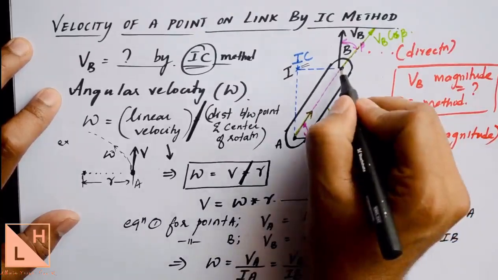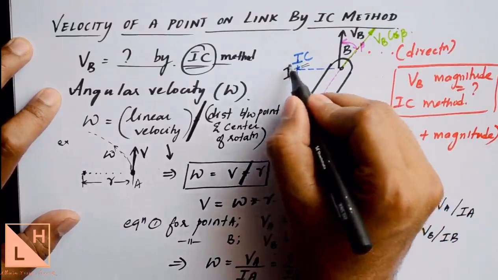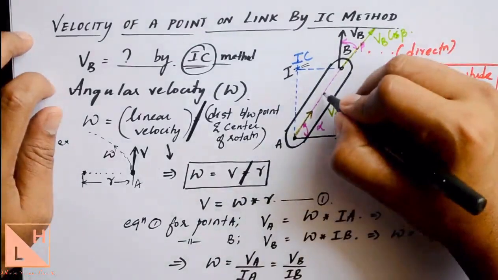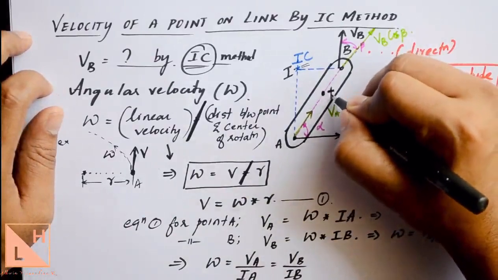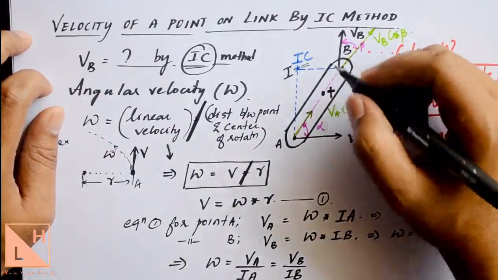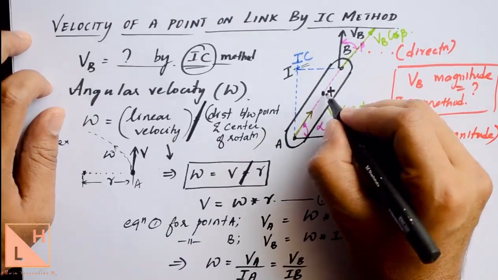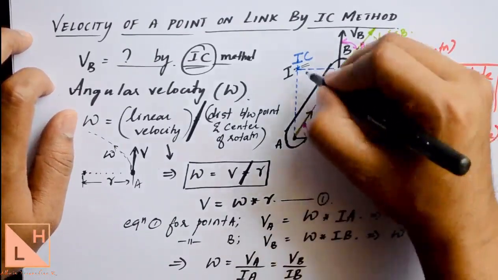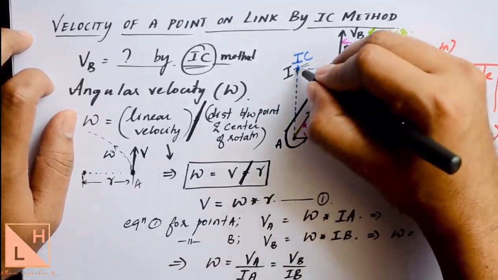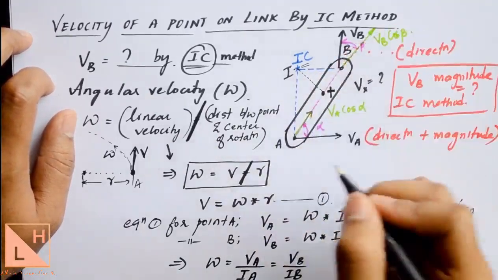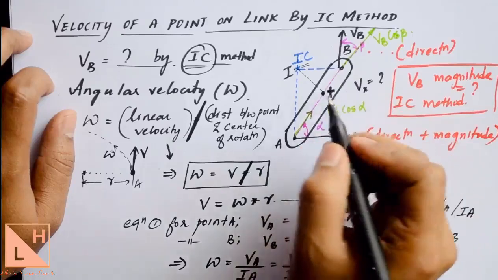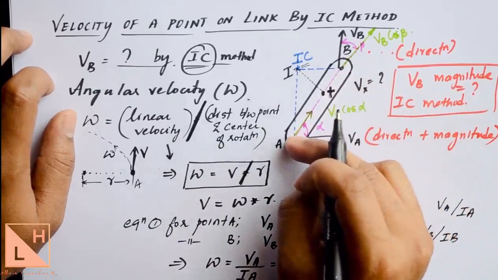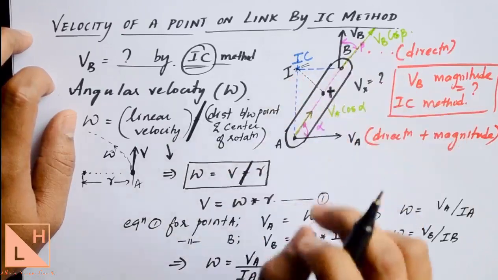Ib is the distance of point B from the center of rotation, that is I to B. Say for example, if I assume any point in between here as x, and I want to find out the velocity at point x, that is Vx, I can find it just by connecting the point x to the center of rotation at this particular instant. At this instant, the center of rotation of x will be I itself, because any point you take on the link will have the same instantaneous center.